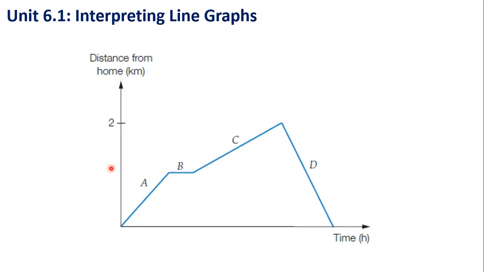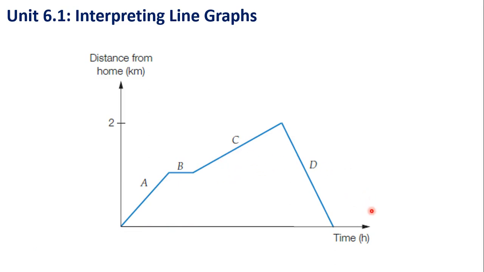But we'll be looking at a few different sorts of line graphs in this exercise. They won't just be linear graphs, a straight line. We might have graphs like this where there's different sections, different parts to the line graph, where the slope can change, might be going uphill or downhill, and the gradient, the steepness of the line, can change as well.